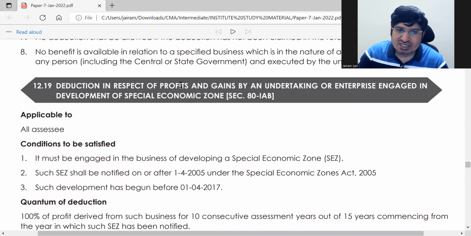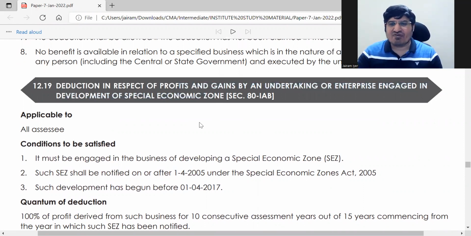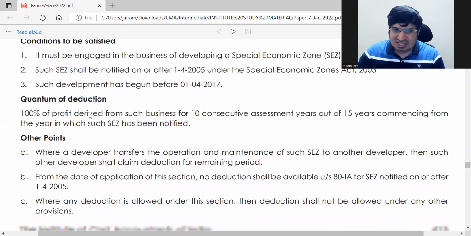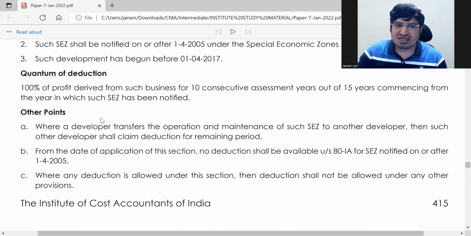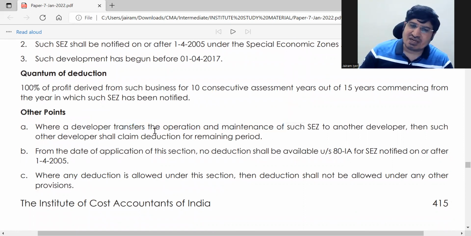Here, although it has not been specified like that specifically, you have all three. Development is written here. As you can see when you read the section, it says developer transfers the operation or maintenance. That means it is clear that the deduction is there for developing, operating or maintenance.